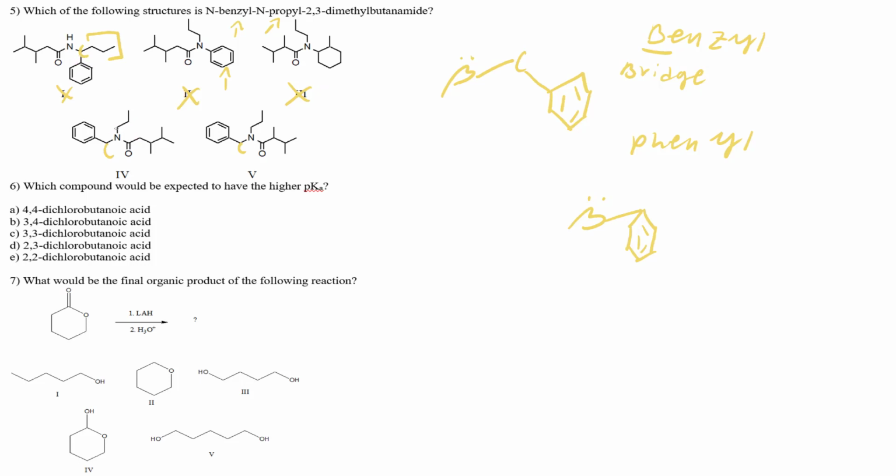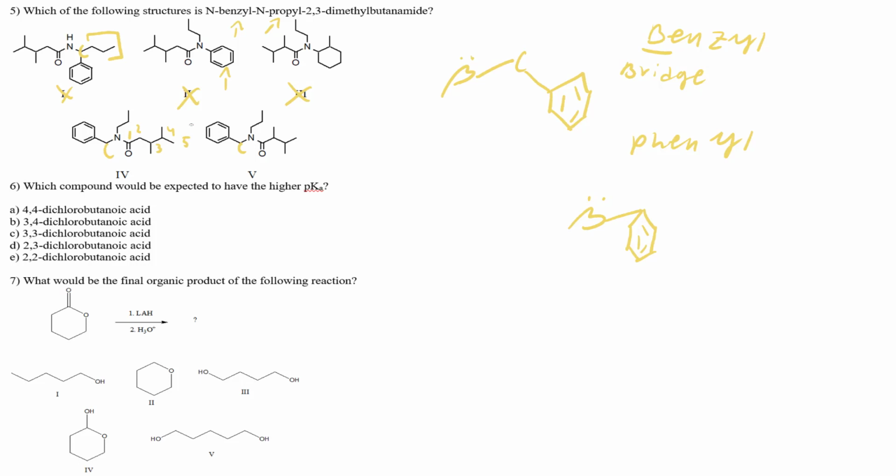So the propyl is on the nitrogen here, and then propyl is on the nitrogen there. Now we have to start counting. And we start counting at this carbon, because this carbon has an oxygen and a nitrogen attached to it. So it's going to be the first carbon we count. So we're going to say number 1, 2, 3, 4, and 5.